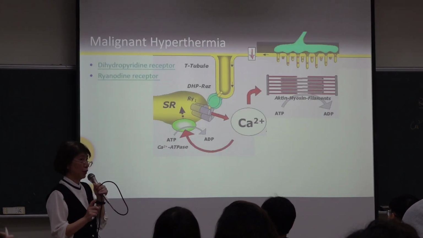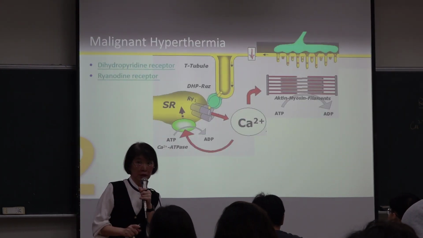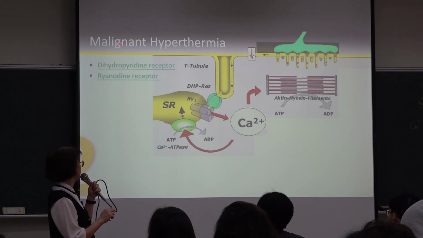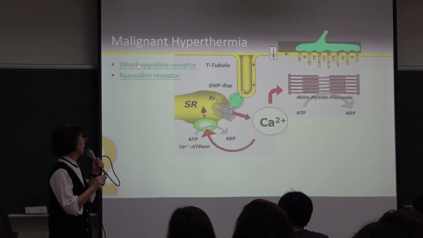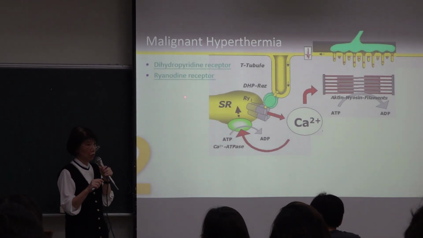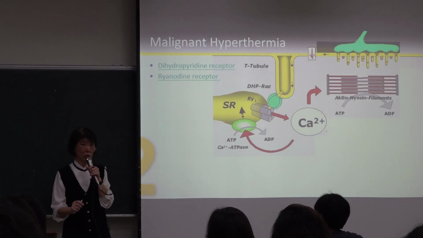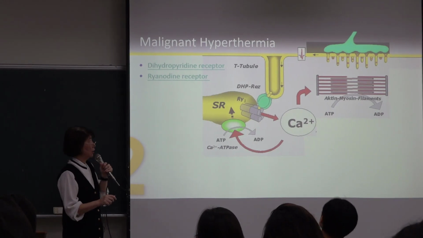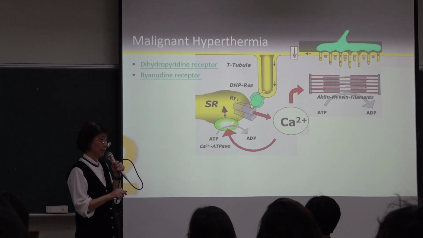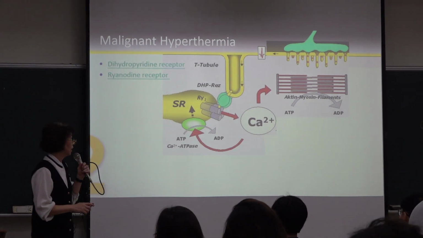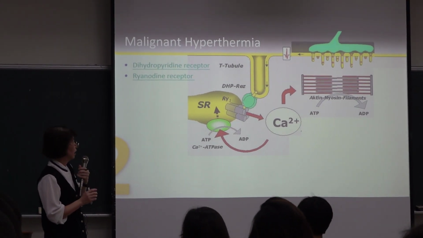In human, we also have this type of disease. It's called malignant hyperthermia. Usually, it's the mutation on these two receptors, which is the calcium channel on the T-tubule and also on the SR membrane. Right? So what happens?